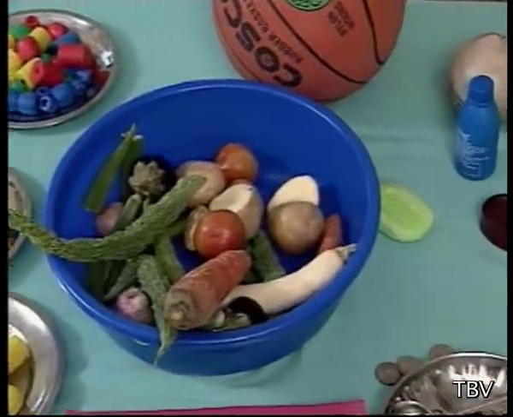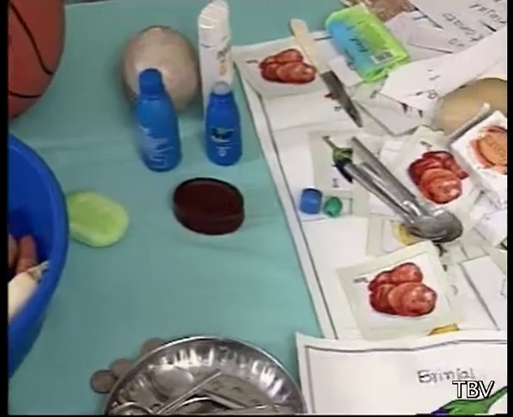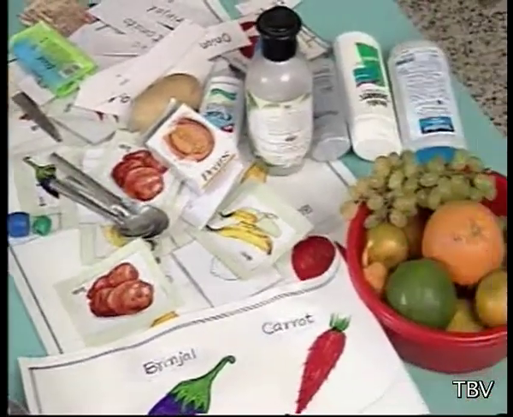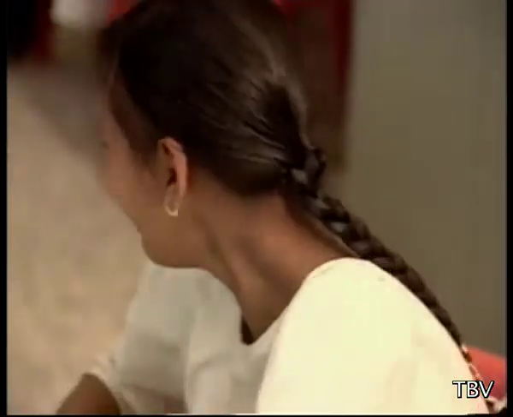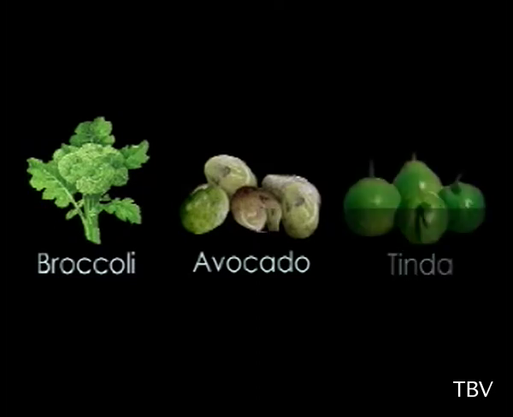Another important point to be considered is that the learning material should be appropriate to the age, sex, severity level, and also culturally appropriate. For example, when we are selecting material to teach the concept of vegetables, if we select broccoli, avocado and tinda in the southern region, the child is confused as they are not easily available everywhere.